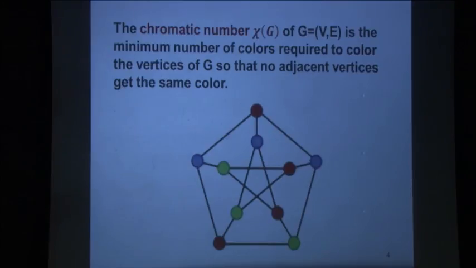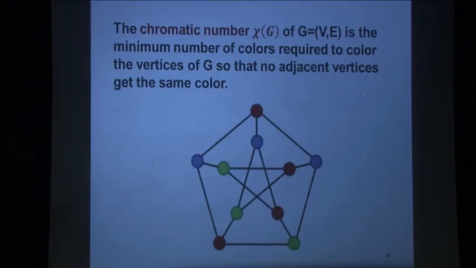We denote it by chi of G, the chromatic number of a graph G. This is the minimum number of colors required to color the vertices of G so that adjacent vertices do not get the same color. You see here a proper 3-coloring of the Petersen graph. So the chromatic number of the Petersen graph is at most 3 because of what's written here, and is at least 3 because it contains an odd cycle, and therefore its chromatic number is 3.